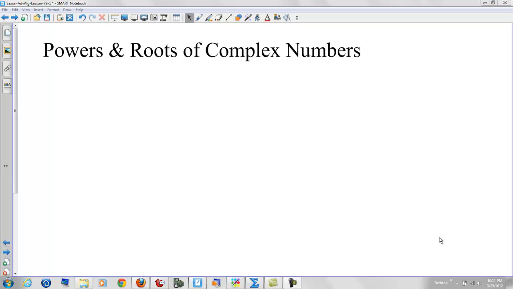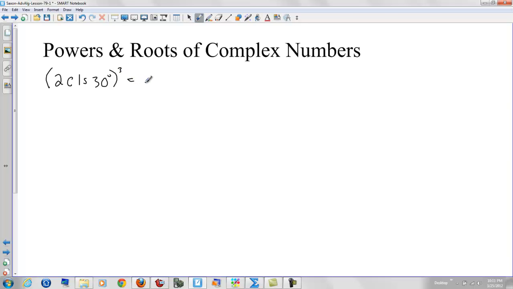In the previous lesson, we dealt with writing powers of complex polar numbers such as 2 cis 30 degrees raised to the third power.